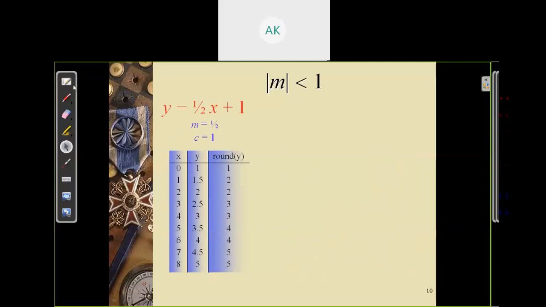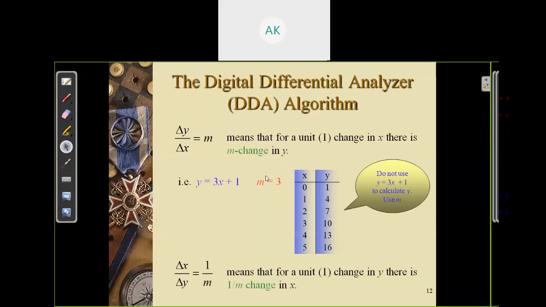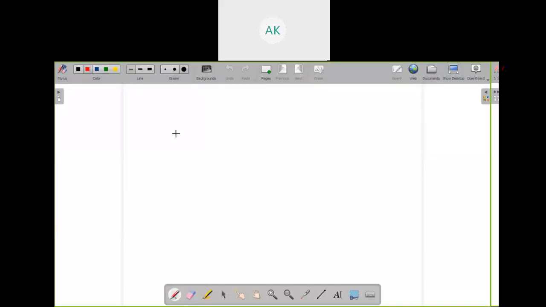So again I want to say what DDA is. I will cover all this later. Digital differential analyzer is an algorithm for drawing a line. Again I'm explaining this DDA algorithm because it's a very important algorithm in computer graphics line drawing.